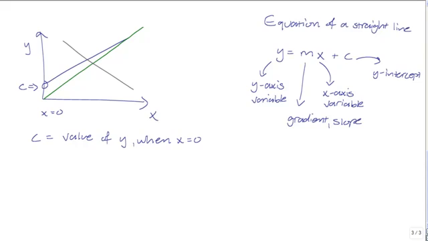So a negative gradient gives you a line like this. So two pieces of information you can get from a graph are the gradient and the y-intercept, which is given the symbol c. So let's move on to plotting an actual graph.